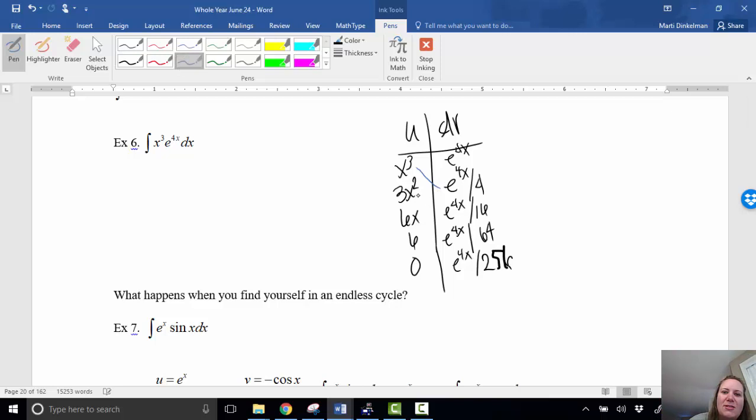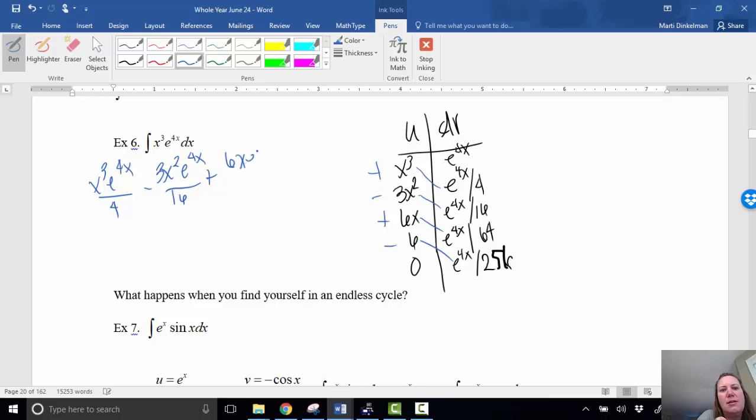So diagonals, 1, 2, 3, 4, plus, minus, plus, minus. So the answer is x cubed e to the 4x, there is a divide by 4 in there, minus 3x squared e to the 4x over 16, plus 6x e to the 4x divided by 64.